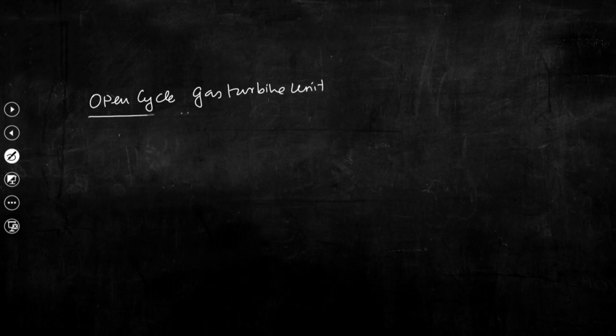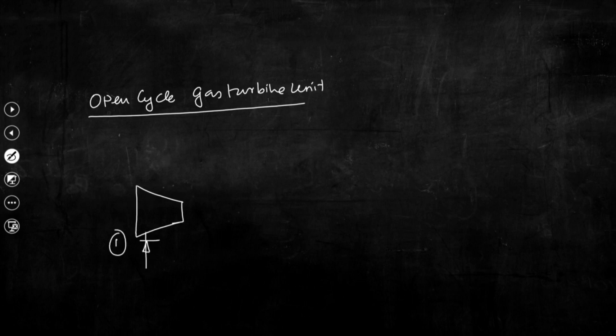gas turbine unit through schematic depiction. So, this is the compressor, air is drawn into the compressor, and when air is passing through the compressor, you know that compressor is used to increase the pressure.